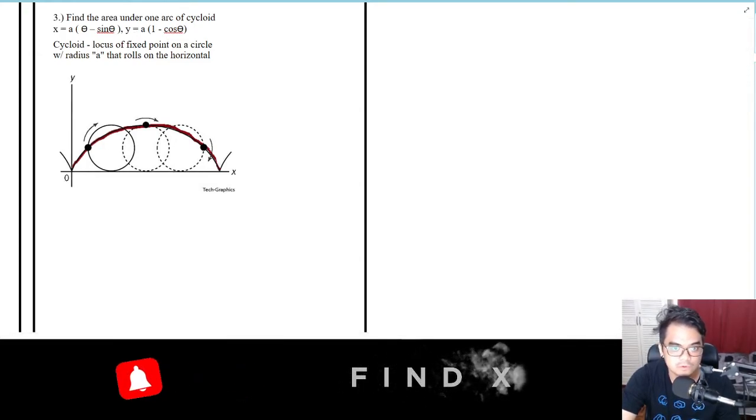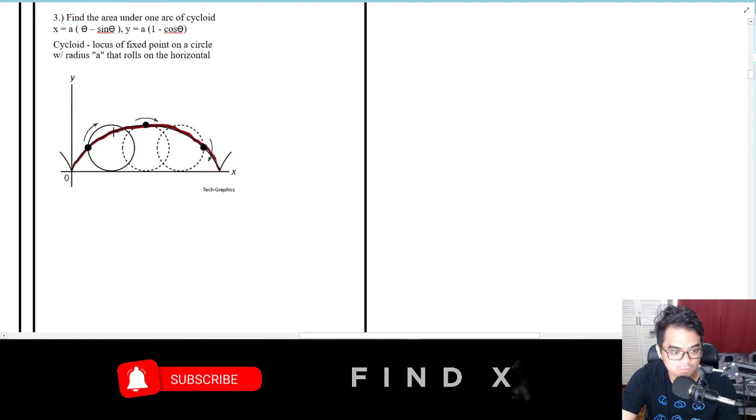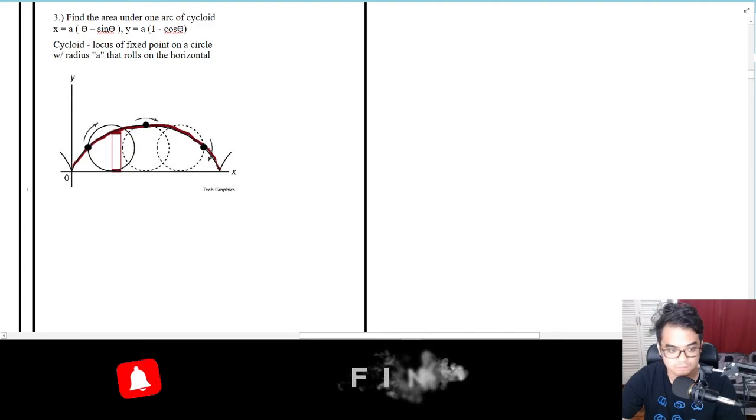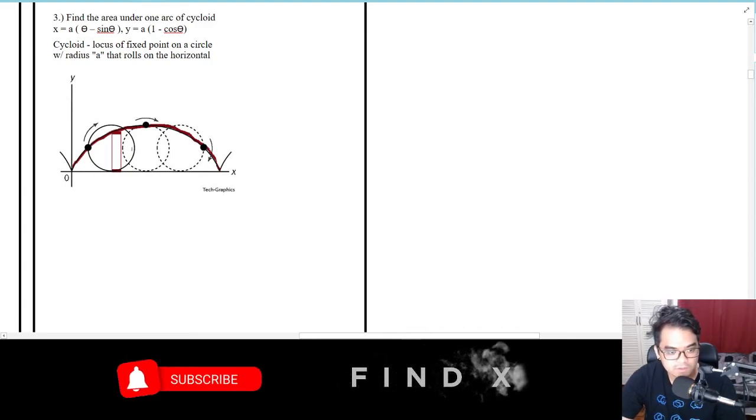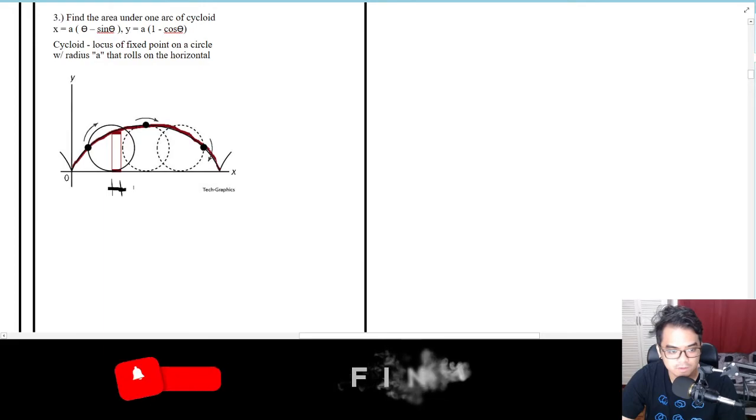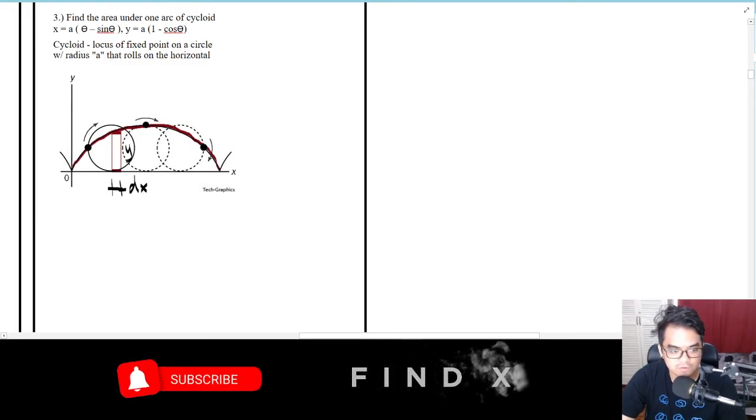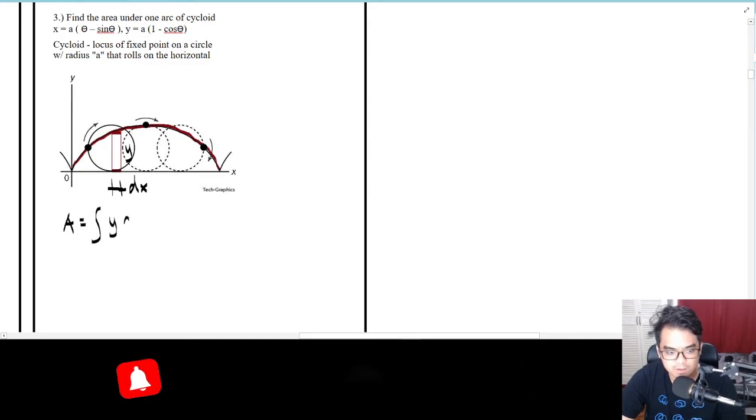So let's get again a rectangular strip, a vertical strip. If that is a vertical strip, then this will be your dx, and this is your y. To get the area of that, it is just the integral of y dx.